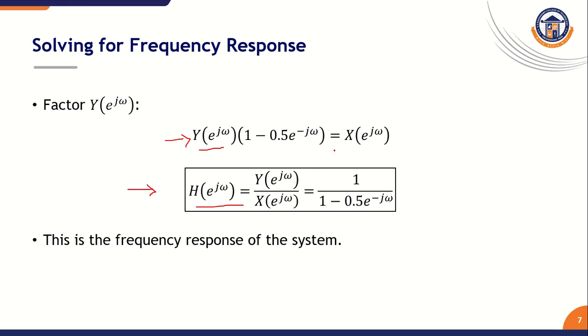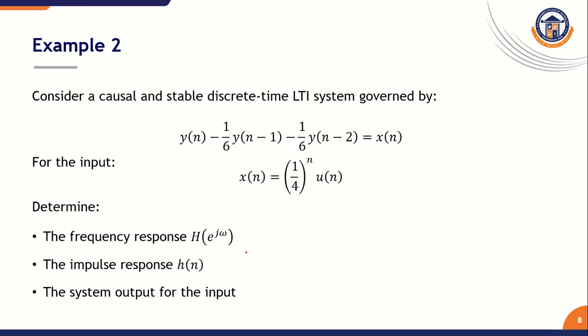Moving X to the left side and the remaining terms to the right side, Y divided by X equals 1 divided by 1 minus 0.5 e power minus j omega. This is the frequency response of the given system.